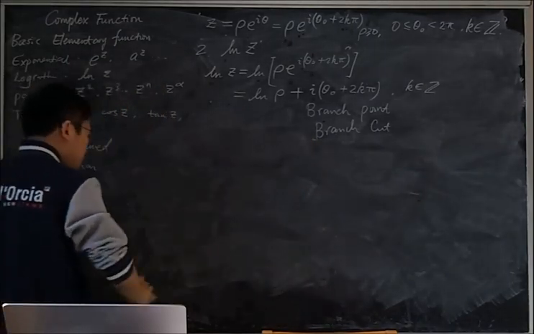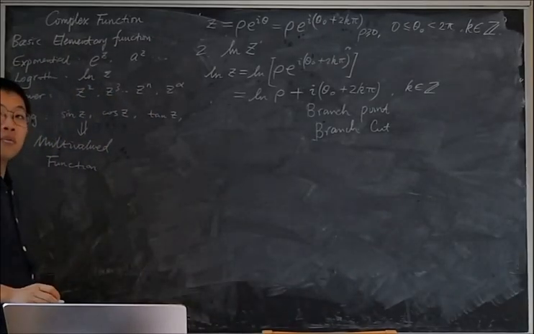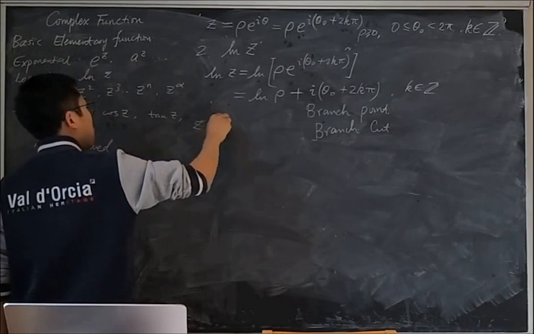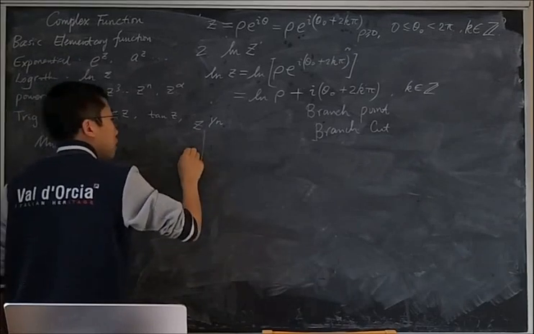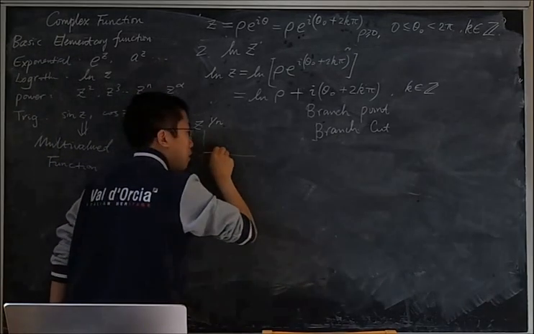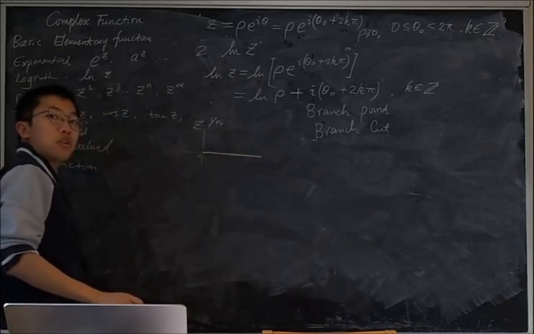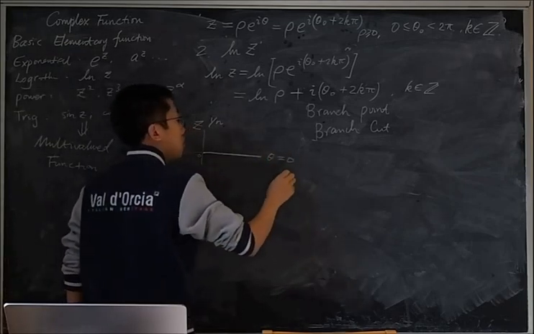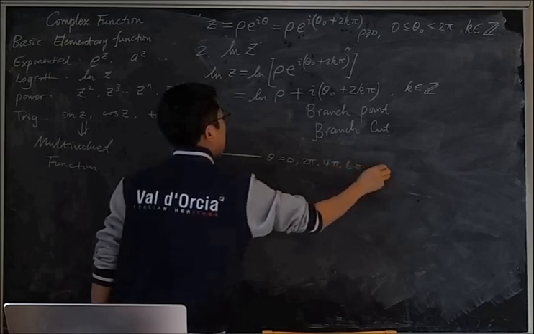Now, the other concept is called branch count. For example, I still take z to the power of 1 over n as an example. Consider the positive half of the real axis. That corresponds to an argument of theta equals 0, or of course 2 pi, 4 pi, 6 pi, whatever.